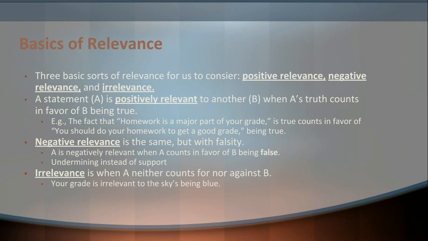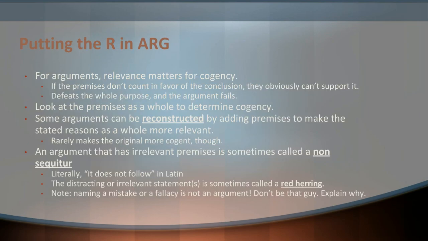Now, like I said, none of these three are complicated so far, but keeping these three in mind as we go through some of the other fallacies and mistakes that we'll deal with should help keep things a little bit more clear as to why some of these things are mistakes. Now, when we're dealing with relevance as an actual condition for cogent arguments, relevance is probably one of the things that matters most out of all of these.